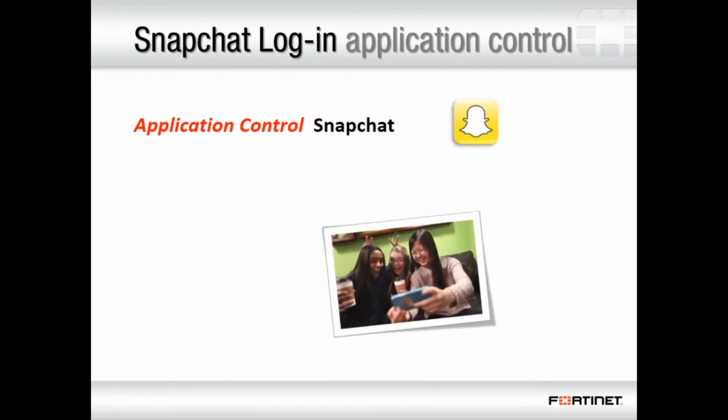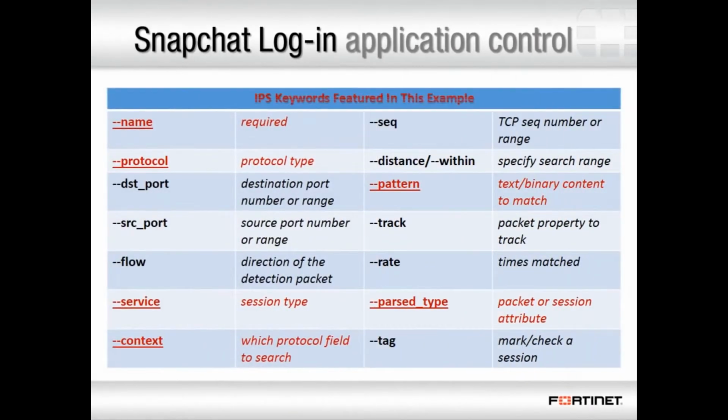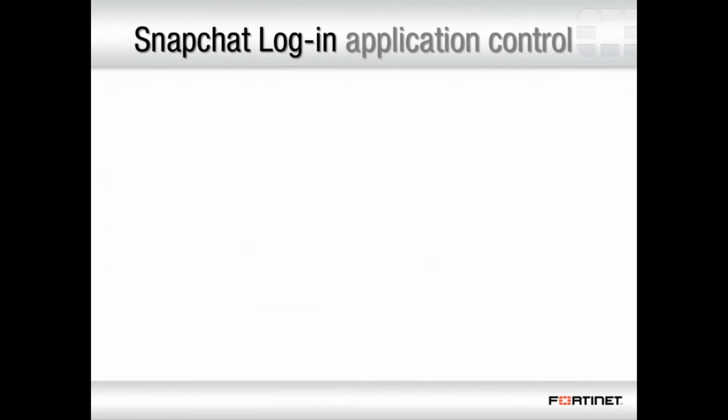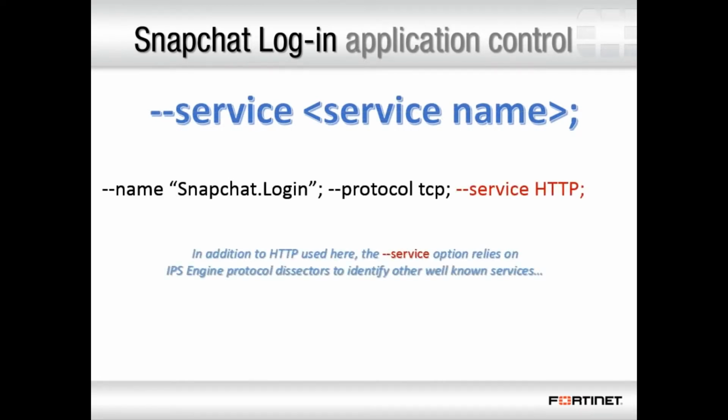Snapchat is a popular application for sharing text and photos. In our second example, we'll create an application control signature for a Snapchat login. We've specified name, protocol, and now add a service option with service type HTTP.